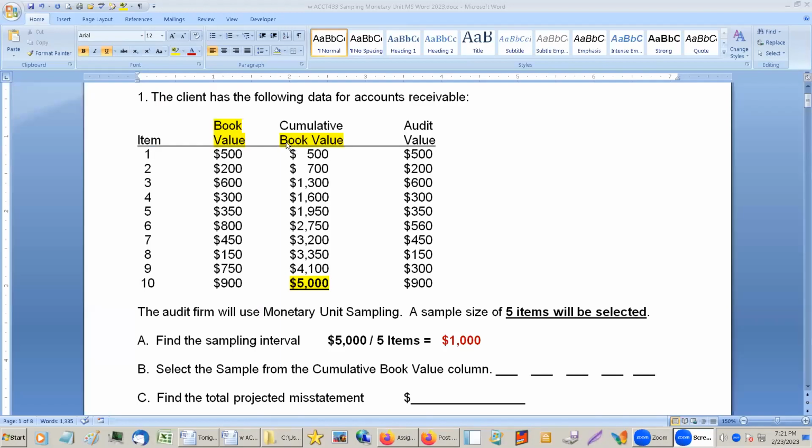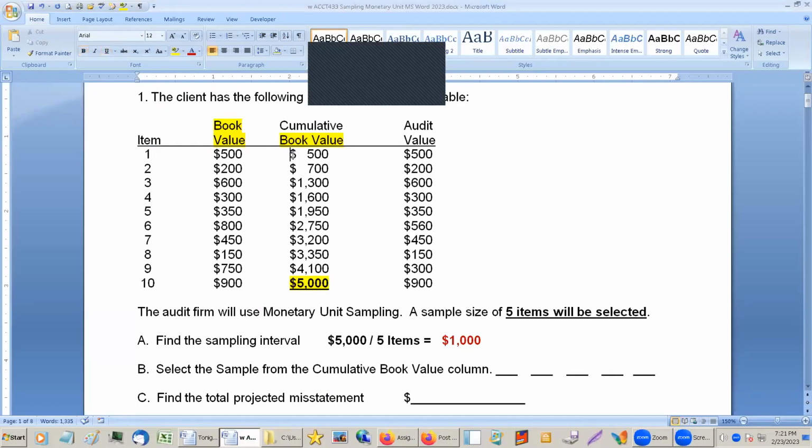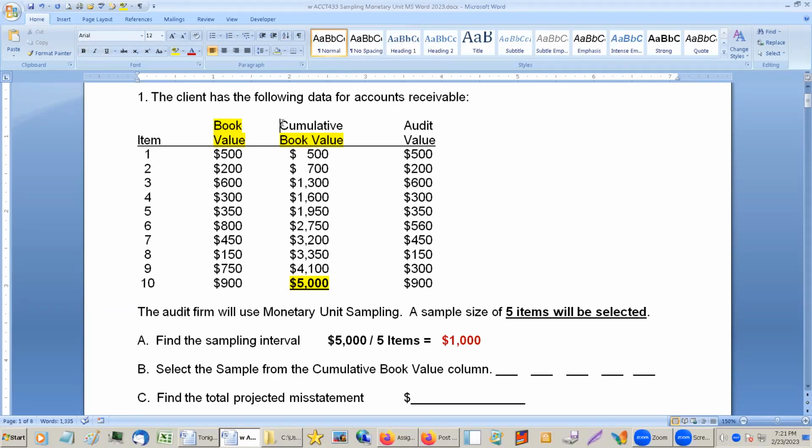So looking at these cumulative totals, which item crosses the $1,000 mark? 1,300. Yep. So this will be our first one that we pick.